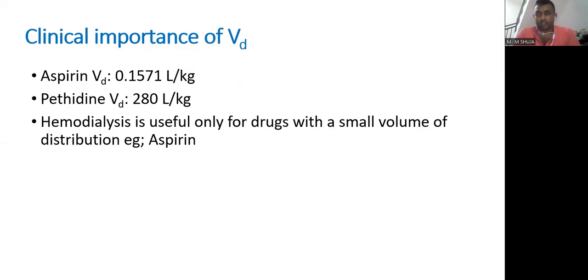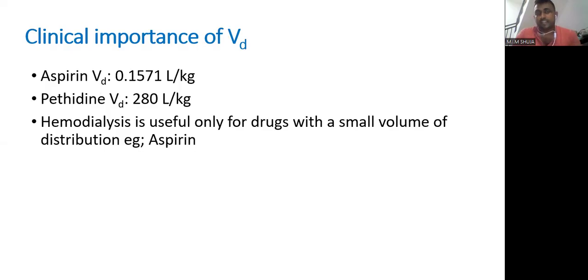So there are a few drugs whose volume of distribution you should know. Aspirin volume of distribution is 0.1. Pethidine is 280. See, this 280 is more than the normal body fluid in your body. So, what does it say to you?